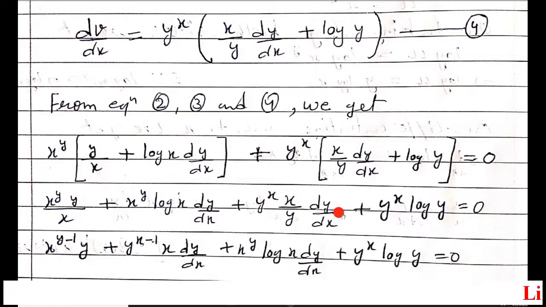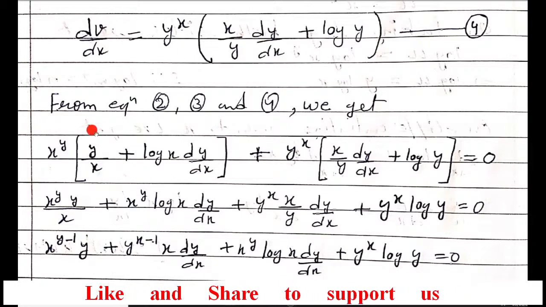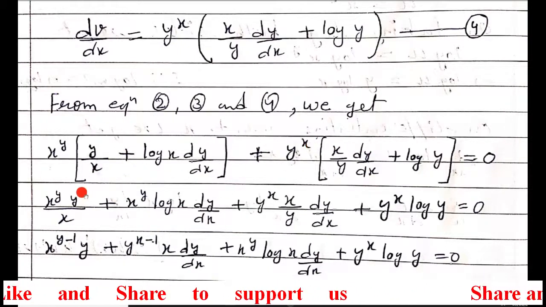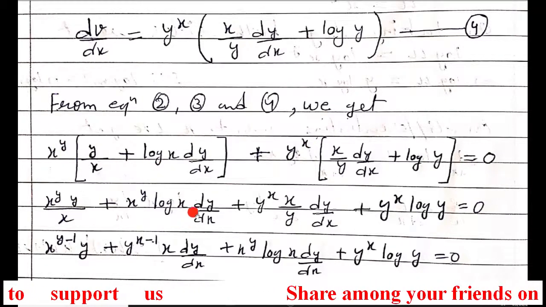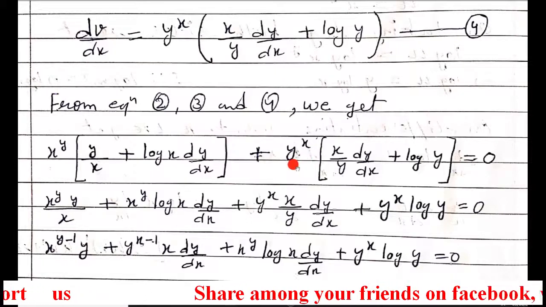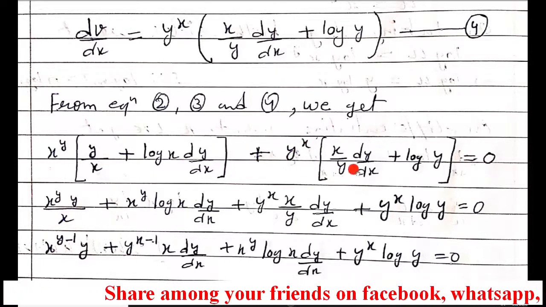Now what is our target? We have to obtain only dy over dx. So just see carefully. Here also dy over dx and here also dy over dx. So the conclusion is we have to open the bracket. So this x to the power y will multiply by this also and this also. In the same way, y to the power x will multiply by both.